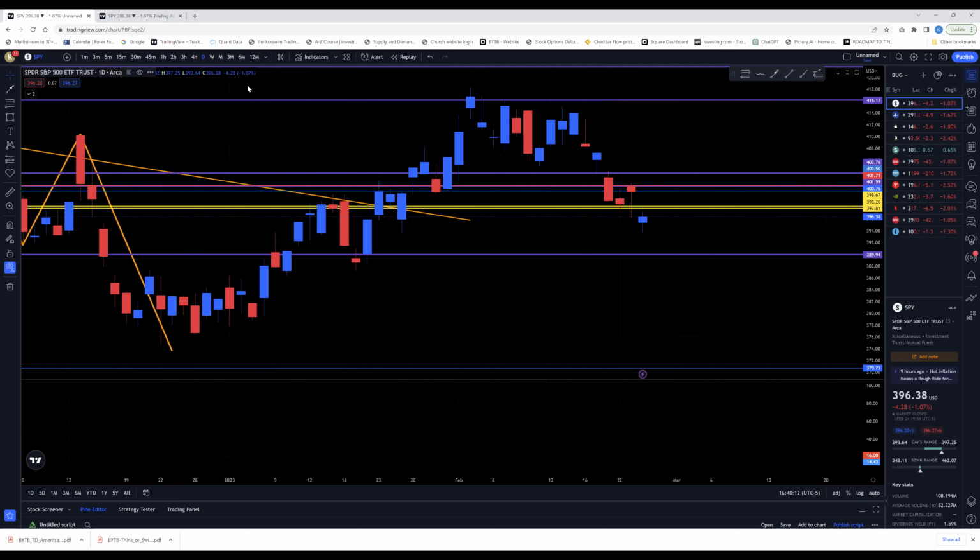Now, I mainly use the EMAs or MAs. The EMA is the exponential moving average, and the MA is just a moving average. They're essentially the same thing.